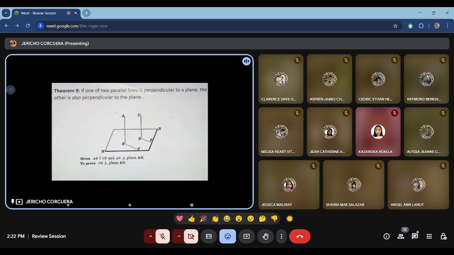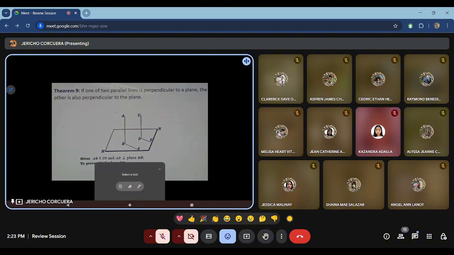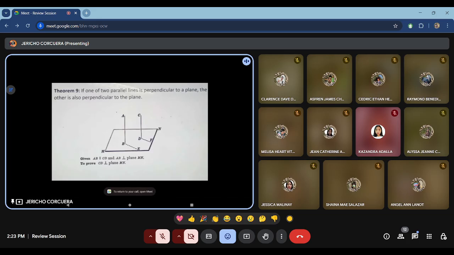So, to theorem 7 to. It's not theorem 9. I just what I've said. If one of two parallel lines is perpendicular to a plane, then the other is also perpendicular to the plane. If you can see that one of two parallel lines is perpendicular to a plane, as you can see that AB and CD are parallel, and AB is perpendicular to plane MN.